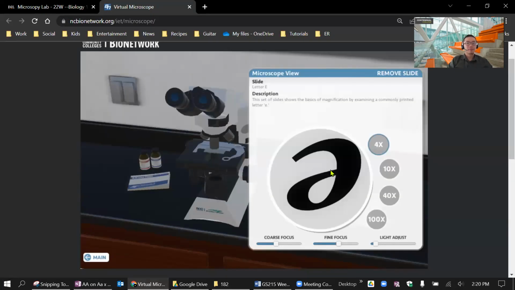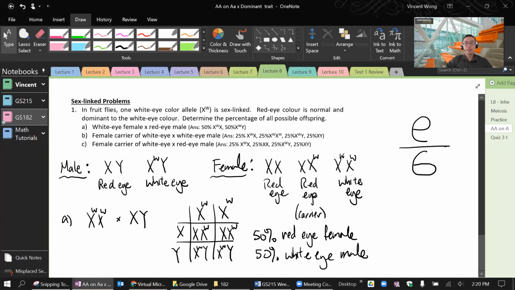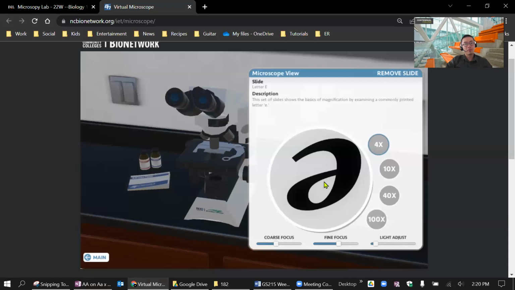Someone said mirror image. A lot of people also say mirror image, but a mirror image would be like this. If I put a mirror right here, the mirror image would be like this. That's not really what we see here.